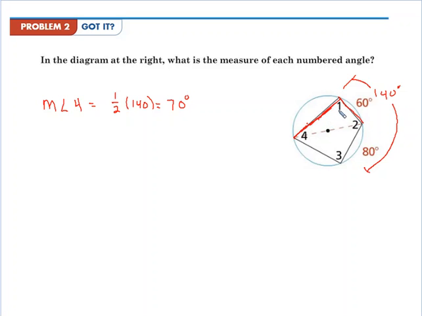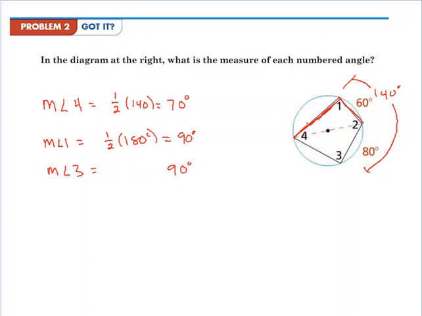So we know that angle 1 is half of a semicircle. So the measure of angle 1 must be 1/2 of 180. So 90. And in the same way, angle 3 is doing the same thing as angle 1. It's intersecting that other semicircle.